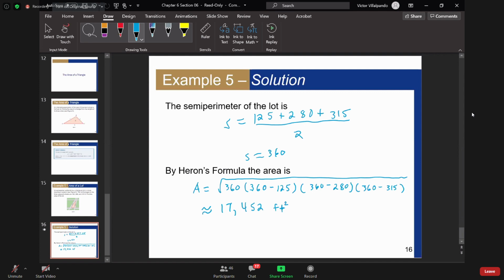So thus the area is approximately 17,452 square feet.